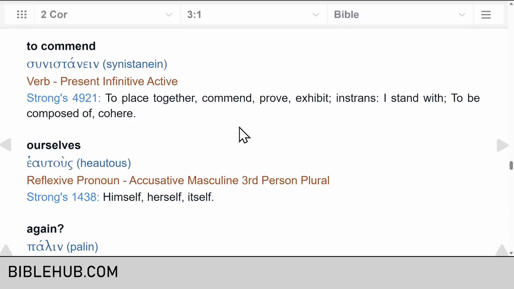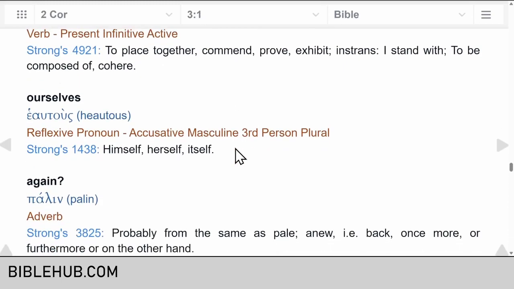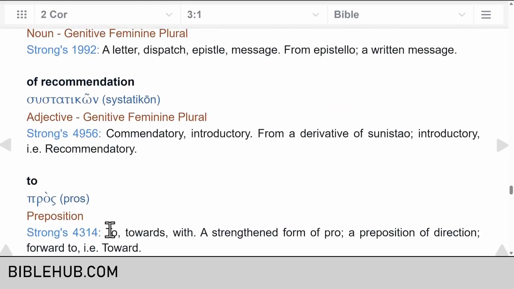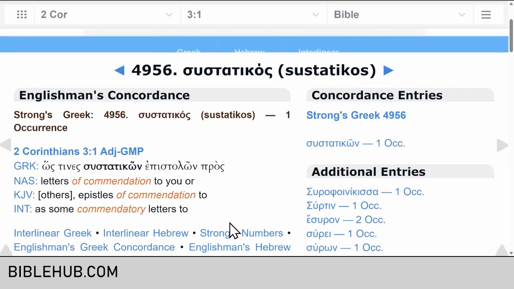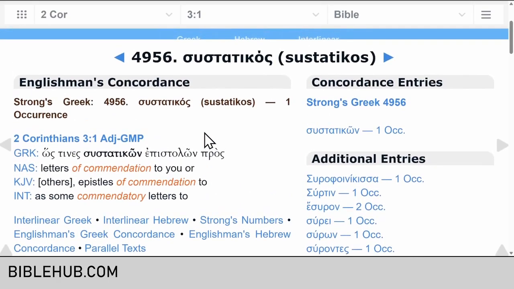And if we go back then to the page for this particular verse, we can come down and see of recommendation, commendatory, introductory. Let's click on that one and see if it's any different. This is the only place, apparently, according to the Englishman's Concordance, that this particular word is used in the Bible.